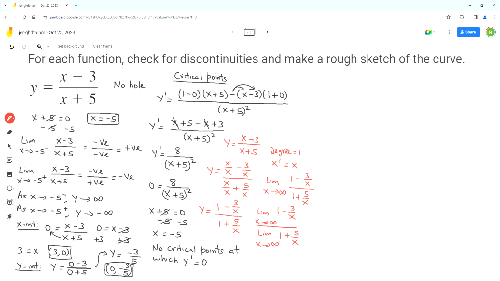Now we can sub in x as infinity, so we get 1 minus 3 over infinity over 1 plus 5 over infinity. We know 1 over infinity is equal to 0, so the second terms in both the numerator and the denominator go away. We are left with 1 over 1, which is equal to 1. So the horizontal asymptote is at y equals 1.